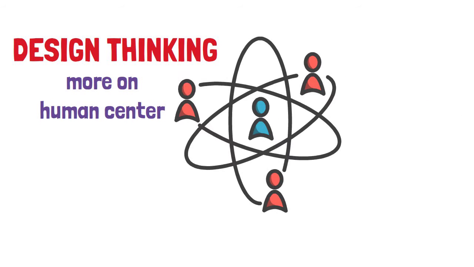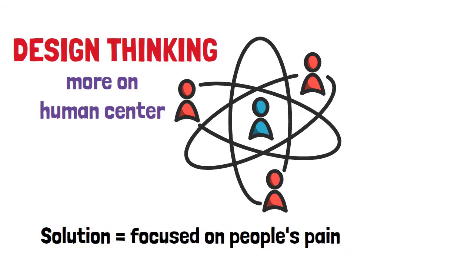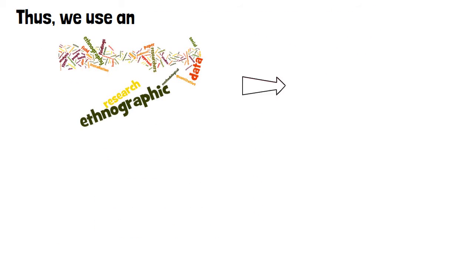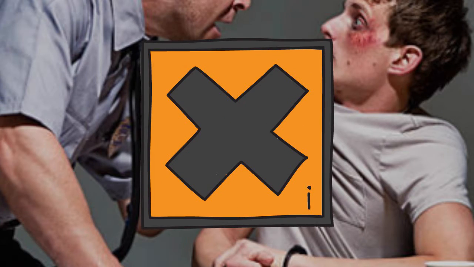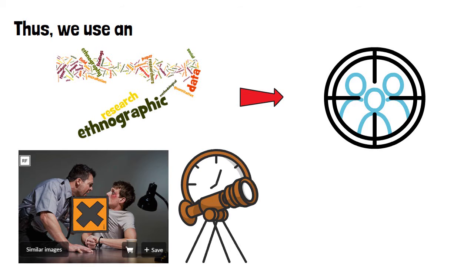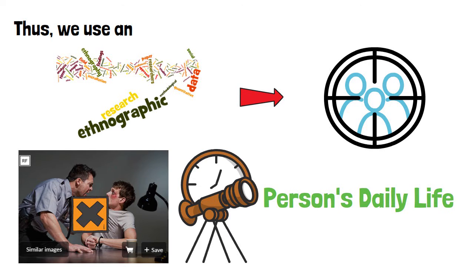To take note, design thinking is more human-centered. The solution is focused on a particular group of people's pain. Thus, we use an ethnography research method to study the persons, not like the police interrogating a suspect, but observing the person's daily life.